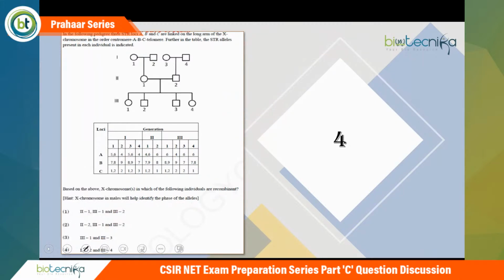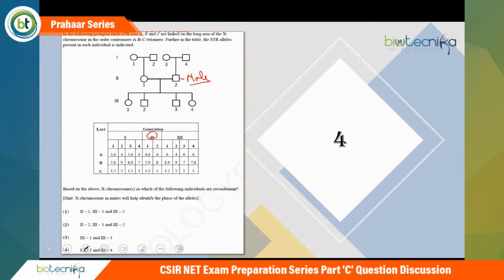Right. Okay, so you have to find out who all are recombinants. For that, let's find the genotype of this generation 2. Now in this generation 2, first of all, this second individual, who is he? He is a male. Males have only one X chromosome, and these 3 loci are only on the X chromosome.